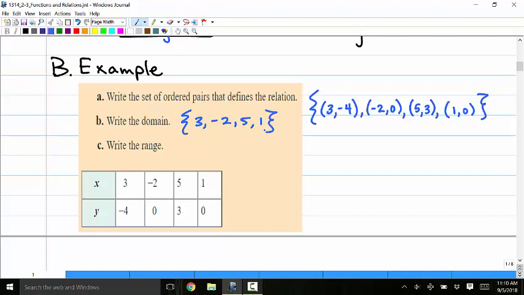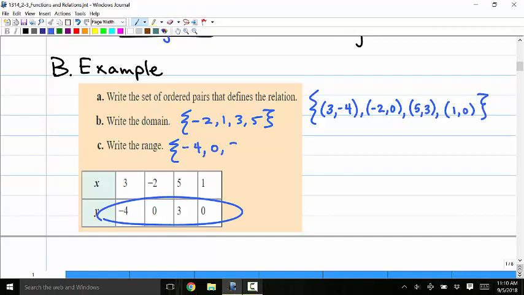Do I need to put that list in order? You don't have to. Most books will, so you'll see it as -2, 1, 3, 5, if you want to list it in order. Okay, the range, what is the range? All the y values. If I list them in order, I'm going to have -4, 0, and 3. Do I need to list 0 twice? No. Just list it once.